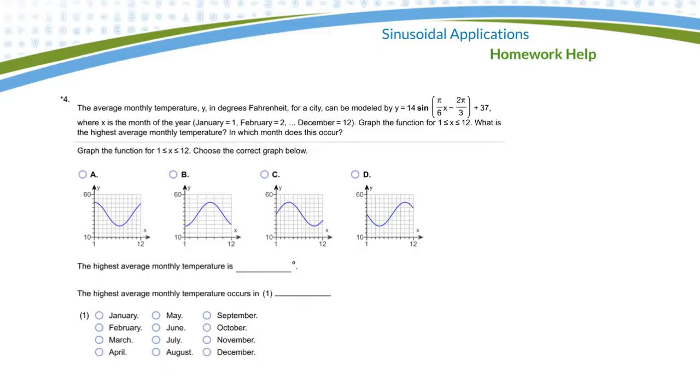Okay, this next question asks us to look at this average temperature, and I want to graph this function. They say they want to graph it for between 1 and 12, and that's what they have on the graphs down here. So they want to see what it looks like. Average monthly temperature, and they have January to, I guess, December.